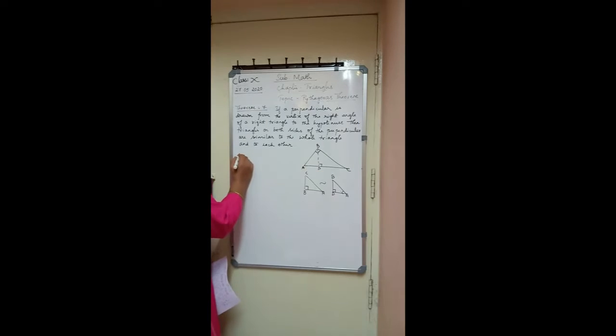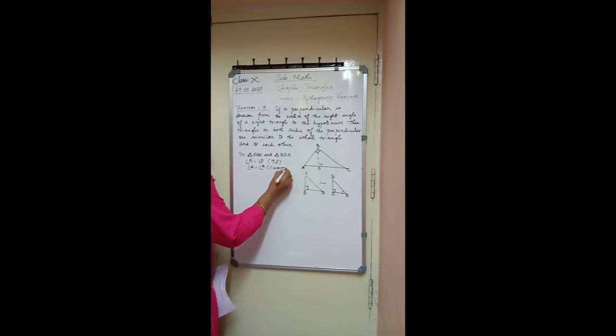So, in triangle ABC and triangle BDA, angle B is equal to angle D, which is 90 degrees, and A is the common angle for both the triangles. Therefore, by AA criterion, triangle CBA is similar to triangle BDA.